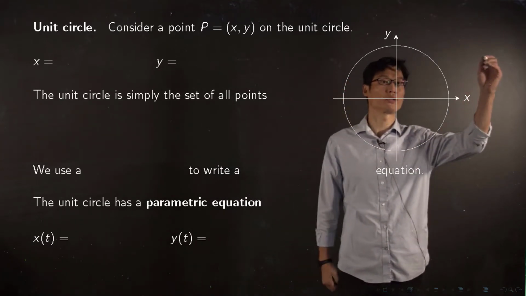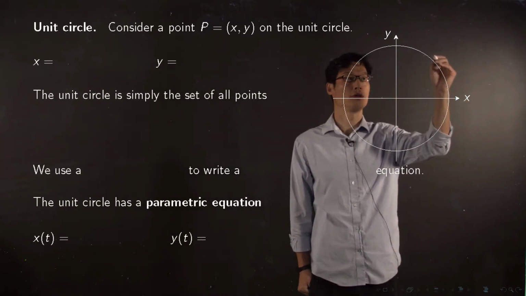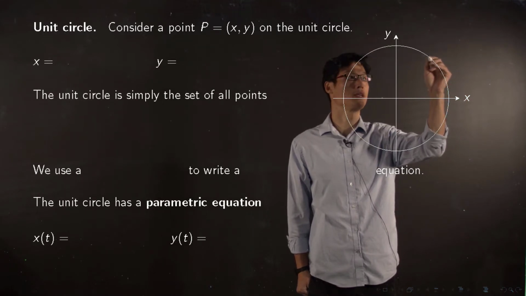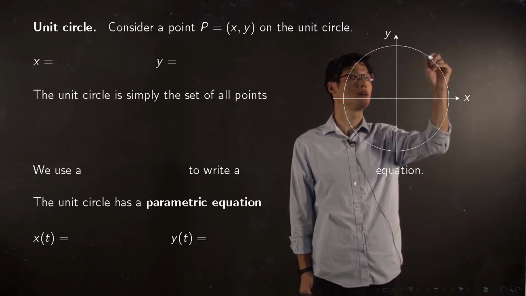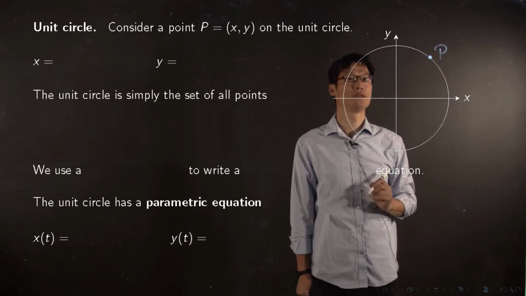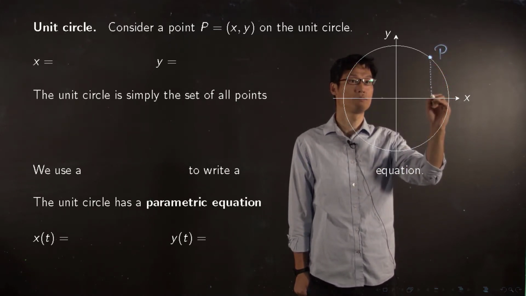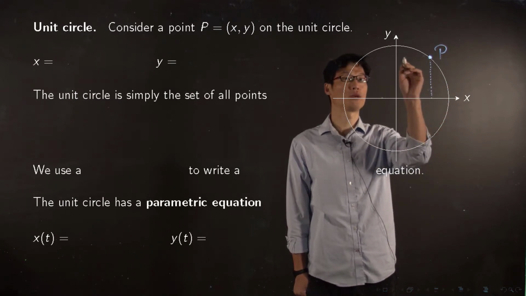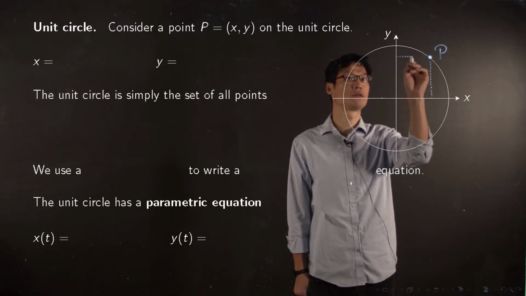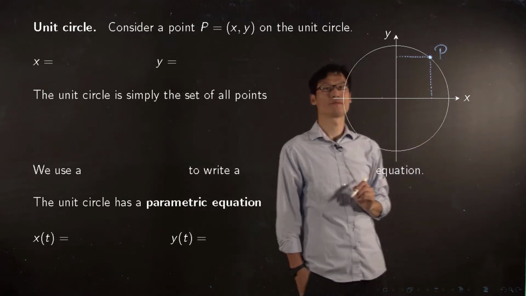Let me pick some point, say point P. Then we have the x coordinate and then the y coordinate, like this. Okay.